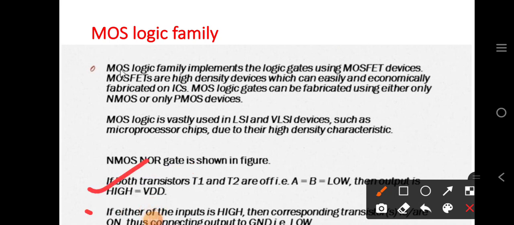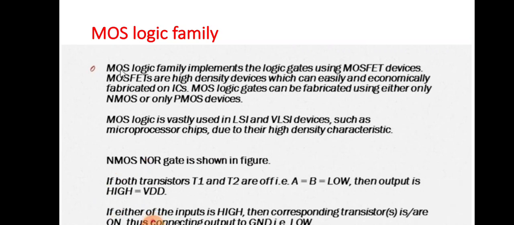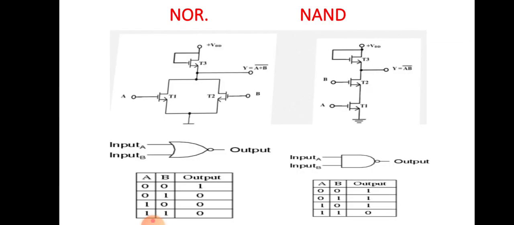Both these conditions are for the NOR gate. If both transistors T1 and T2 are off, that is A equals B equals low, then the output is high, equal to VDD. So we are seeing the NOR gate.